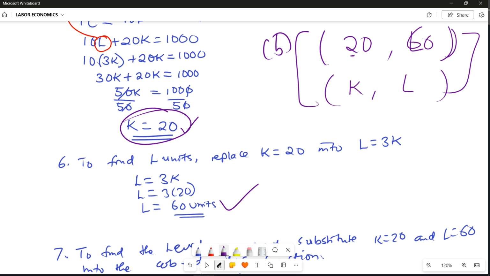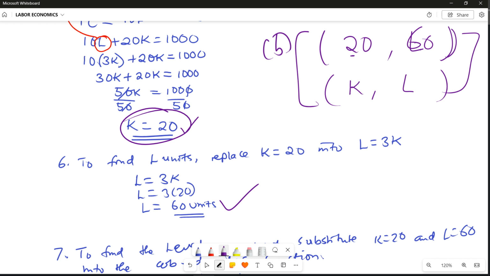Okay, so when we were solving, we solved for 20 and 60 because we needed those to put in the production function to find the total output, right? But B is just asking us to state the actual amount of capital and labor that we need, which we have already calculated.